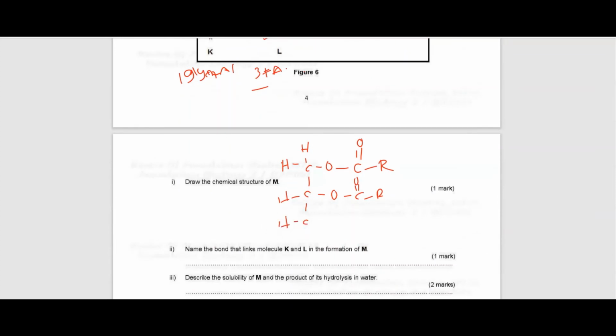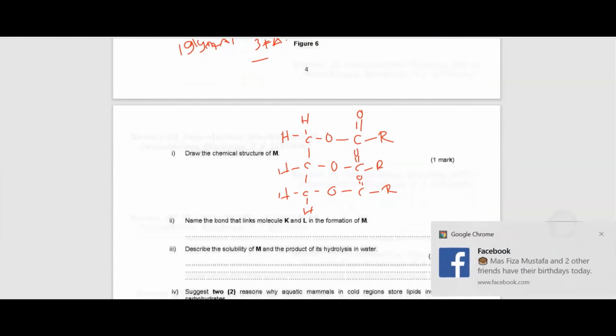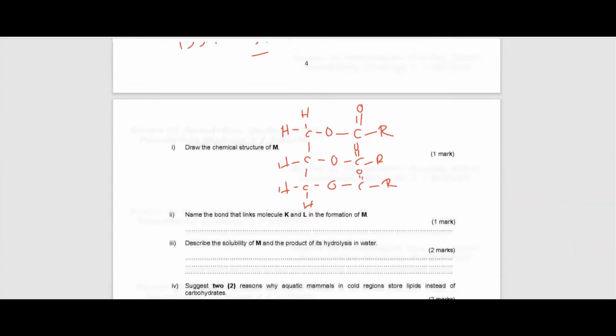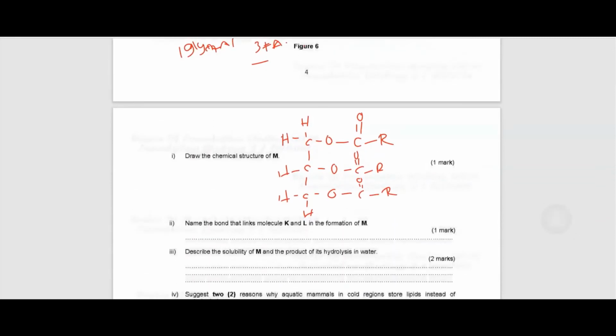Okay, hydrogen, the carbon, so you don't forget to add the hydrogen, and then oxygen, carbon, double bond with oxygen, and then the hydrocarbon tail there. So this is basically 1 molecule of triglyceride.